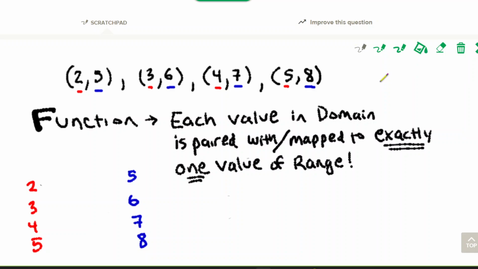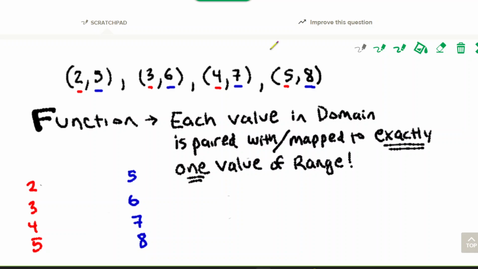So I've got my domain values to the left, the outputs, the range values to the right. And then we can draw arrows. Whenever there's an ordered pair, like 2 comma 5, that means 2 from the domain is paired with 5 from the range. And 3 is paired with 6, 4 is paired with 7, and 5 is paired with 8.